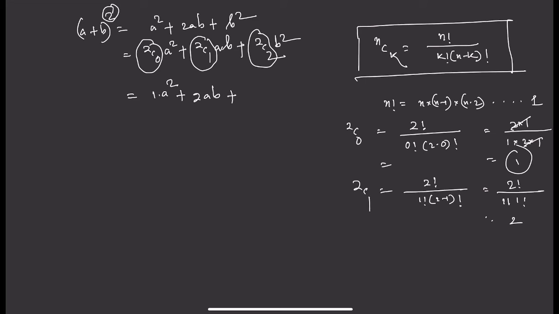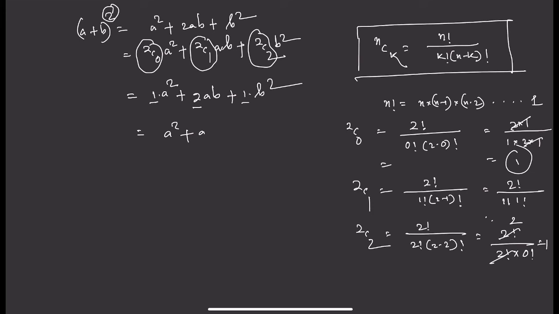Again 2C2 means 2 factorial divided by 2 factorial into 2 minus 2 factorial. That is 2 factorial by 2 factorial into 0 factorial. So it will cancel out each other. That is 1. That's why it is 1 into b square. So here the coefficient is 1, the coefficient is 2, the coefficient is 1. That's why a square plus 2ab plus b square. Okay. So these things you have to remember.